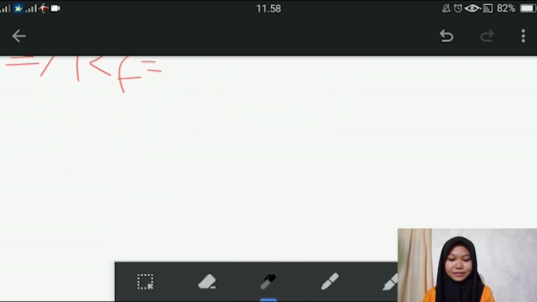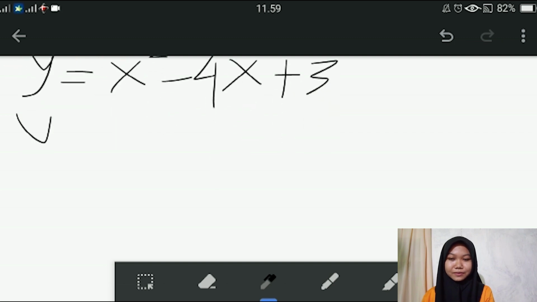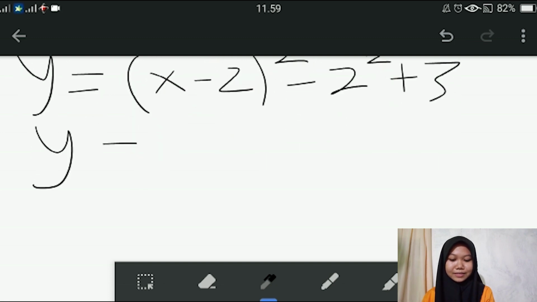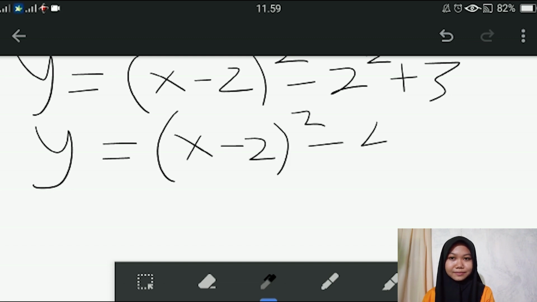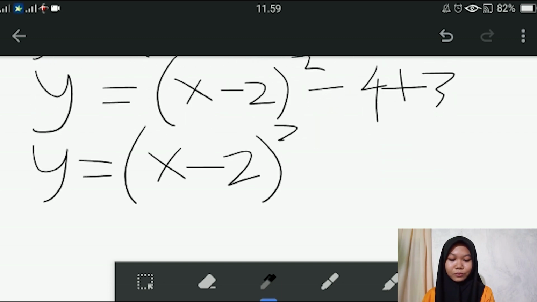Y equals x squared minus 4x plus 3. We make perfect squares. Y equals (x minus 2) squared minus 2 squared plus 3. Y equals (x minus 2) squared minus 4 plus 3. Y equals (x minus 2) squared plus 1.